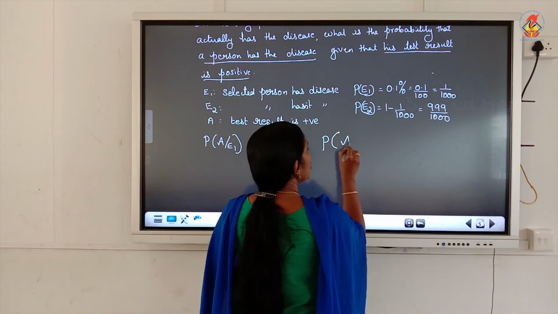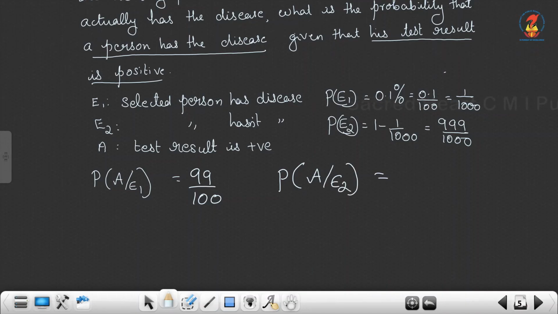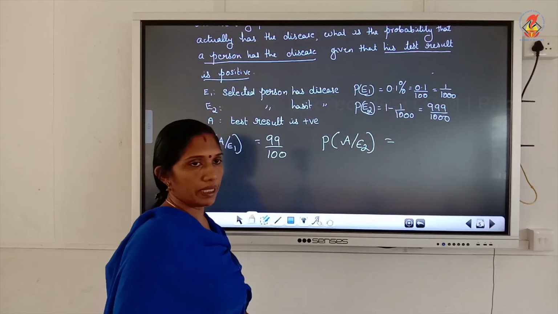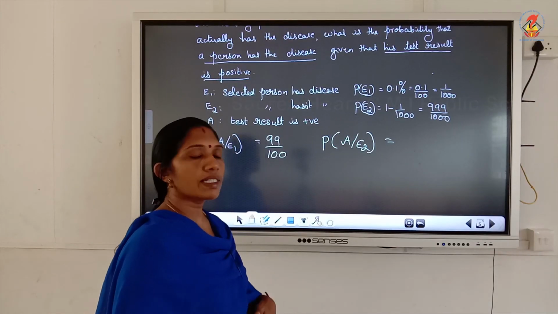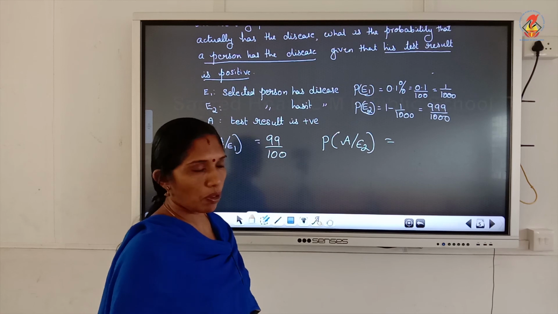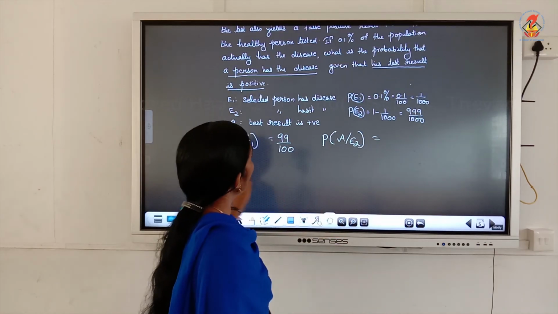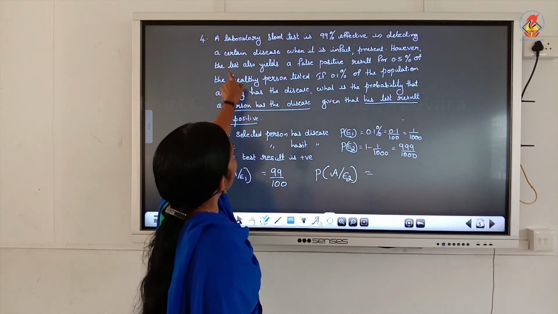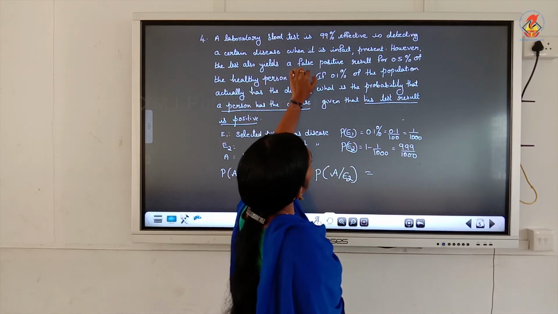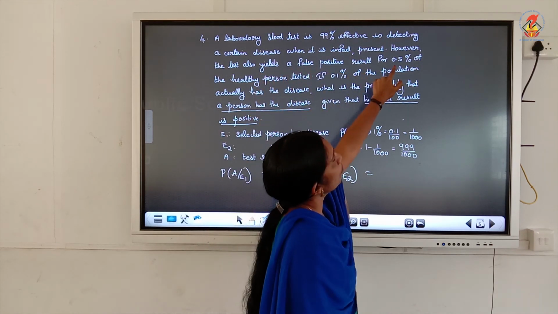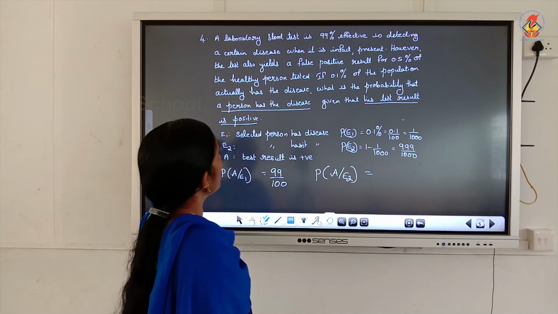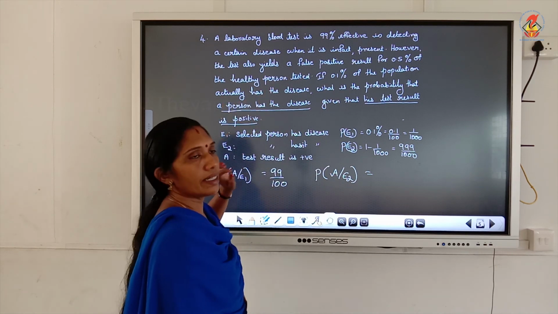And A given E2 means the person is a healthy person, but sometimes the test result is positive. That is given in the question: the test also yields a false positive result for 0.5% of the healthy persons tested.